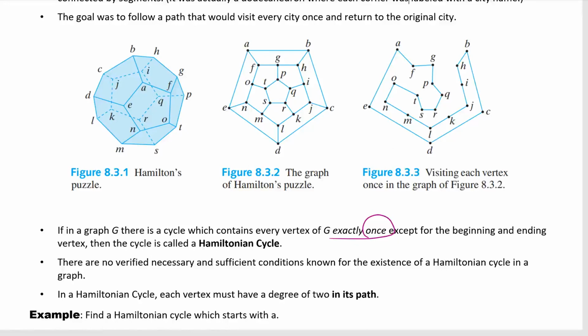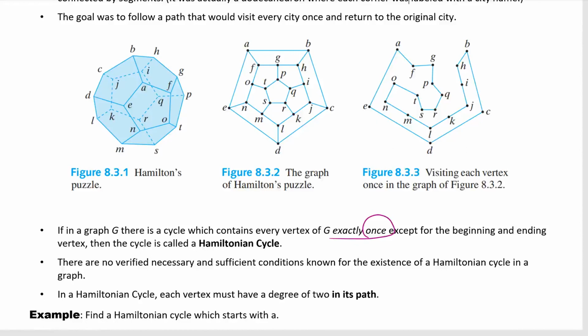Do you remember last class we talked about Euler cycles? Euler cycles exist if and only if G is connected and all the vertices have even degrees. But here we don't have sufficient and necessary conditions for the existence of a Hamiltonian cycle.